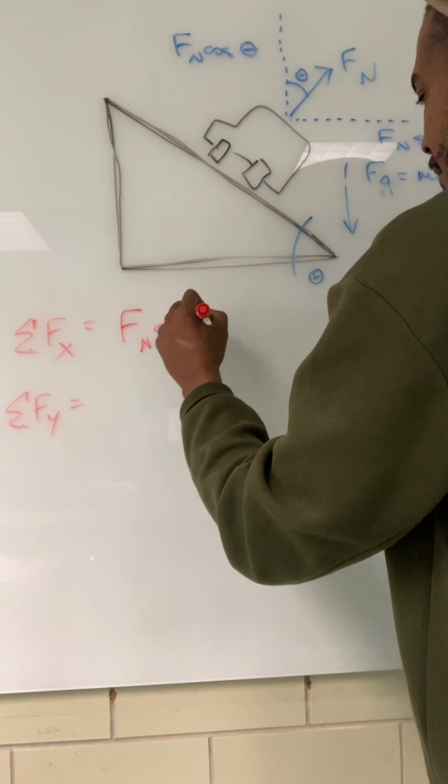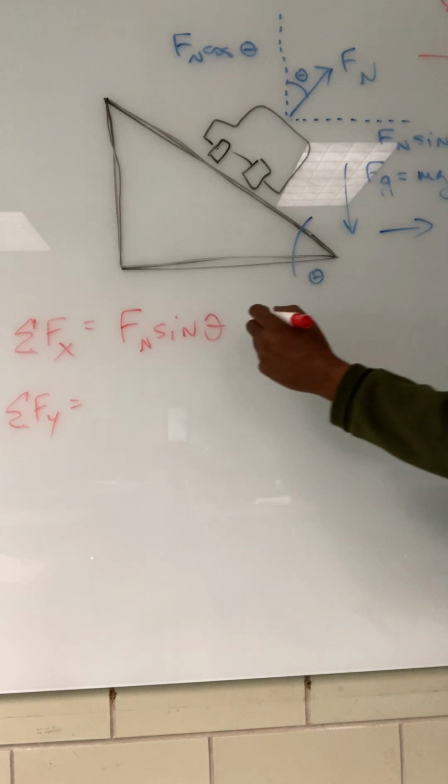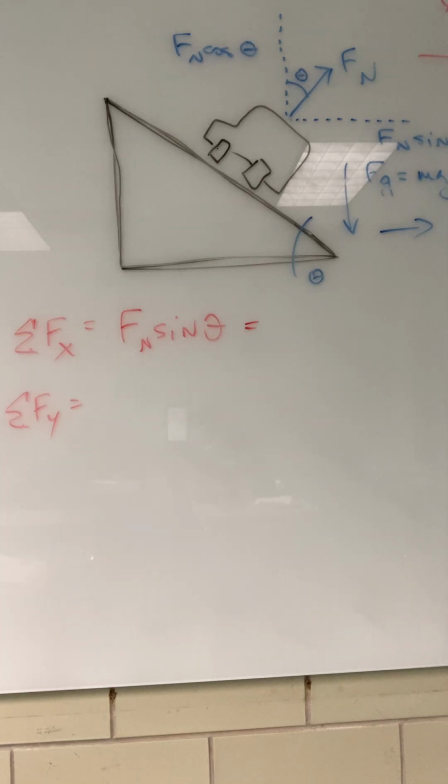Is there anything that opposes Fn sine theta? Nothing opposes it, but you can add acceleration. No, that's close. You don't add it, but you do what? Equals. Now remember, our acceleration changed when we're talking about going in the circle.